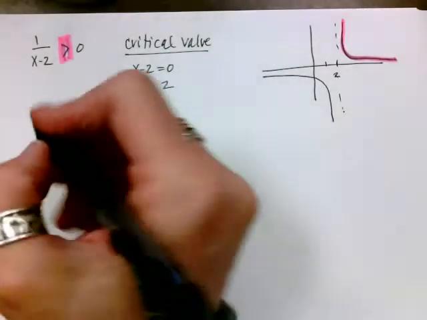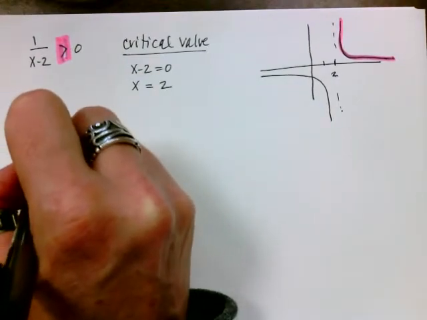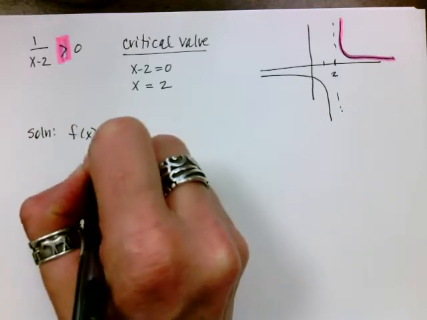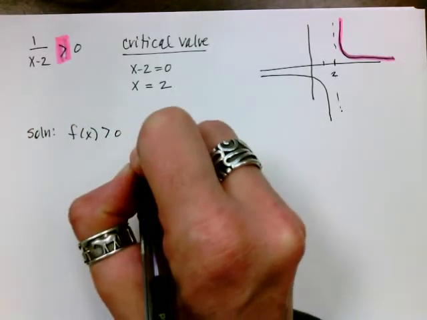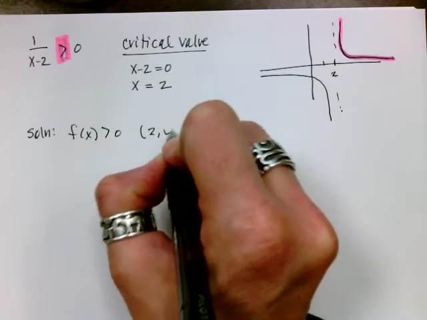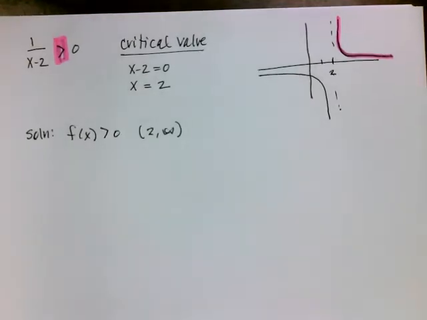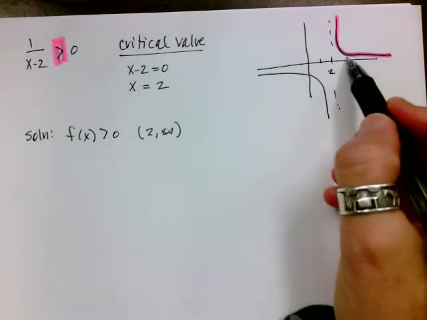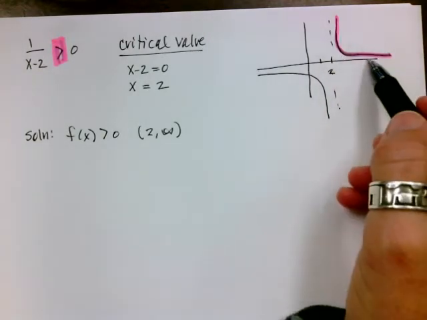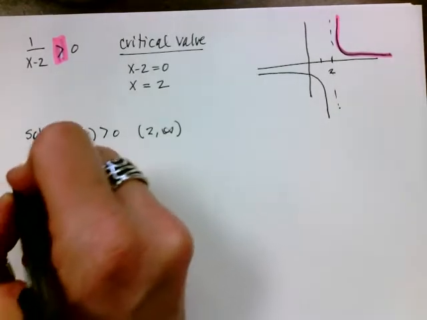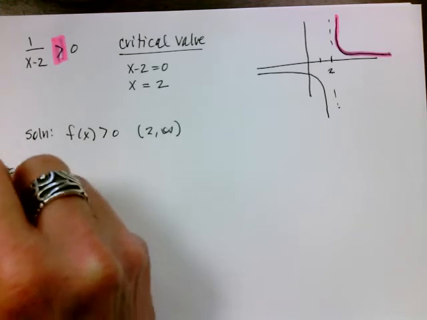So my solution to this, I'm going to write f of x, because that was our function, is greater than 0 from not included 2 to positive infinity. So it's almost like the domain, but not quite. Again, I'm looking at my graph, and my graph is above the x-axis from 2 to positive infinity.